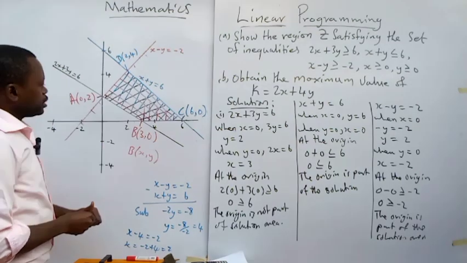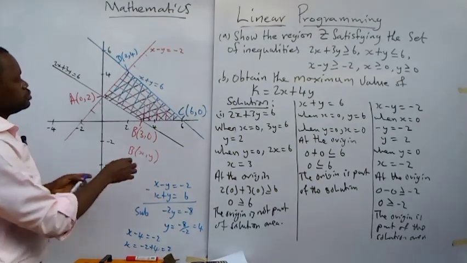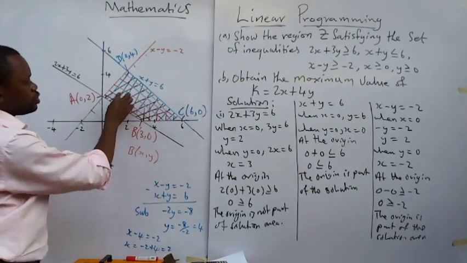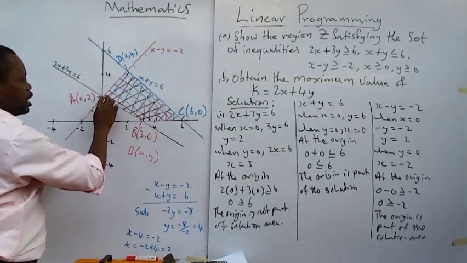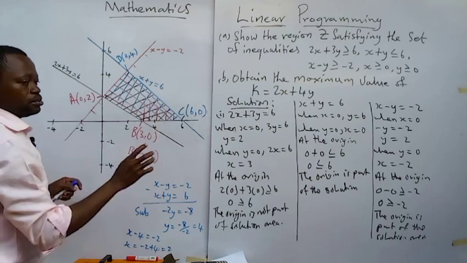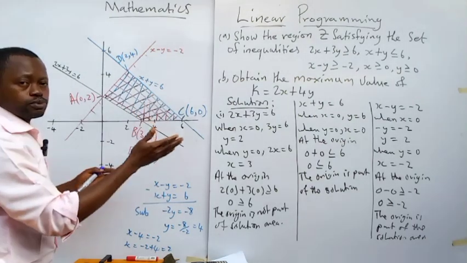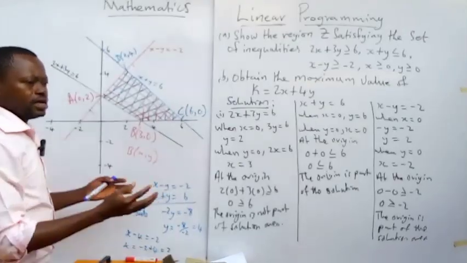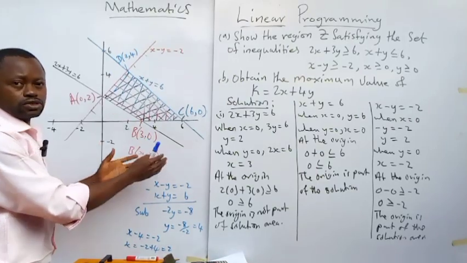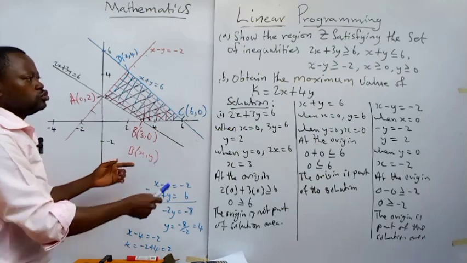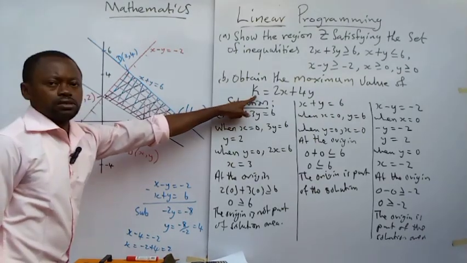All right. Now we are looking for how to maximize this objective function, and these are the extreme points. Remember where we're heading to. This is linear programming, and the idea here is we are trying to see how we can use this graphical method of solving linear inequality to maximize this objective function.